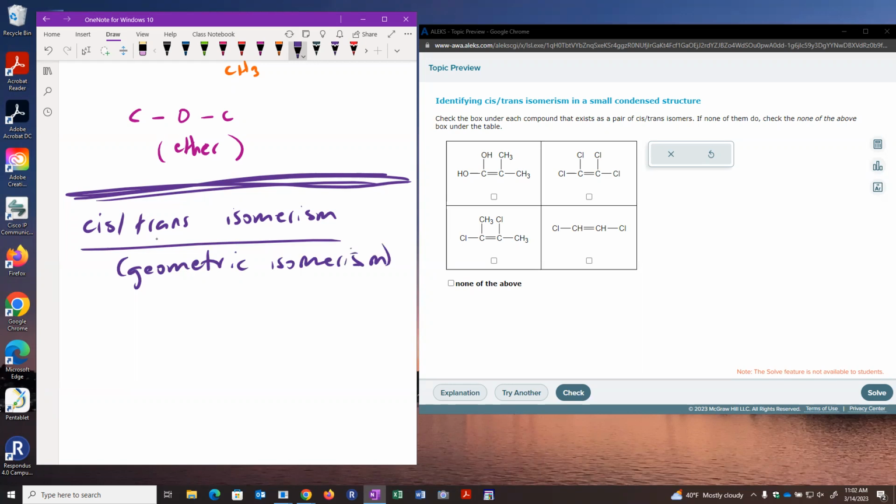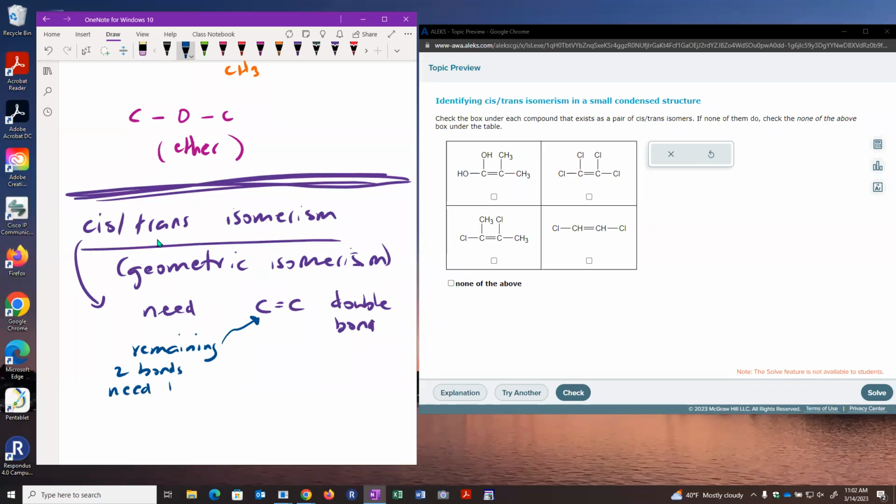So in order for cis-trans isomerism to exist, typically what we need is a carbon-carbon double bond. And the remaining bonds to each of these carbons here need to be to different things. Okay, so the remaining two bonds need to be to different things, whether that's H's and chlorines or a longer carbon chain.